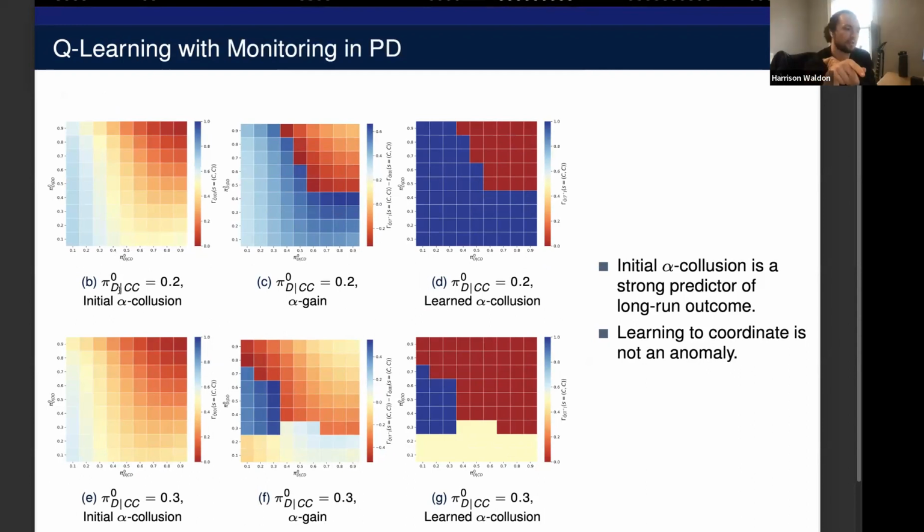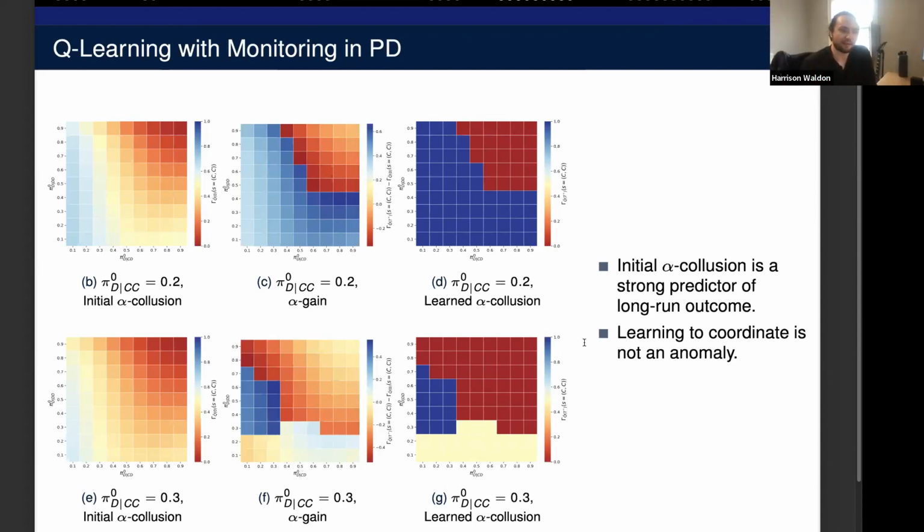And so the left-hand panel shows the initial collusion probability, so the initial stationary distribution of the mutually collusive outcome, the relative frequency that initial policies will play the collusive spread. And in the rightmost panels, we plot the collusion probability at convergence. And the middle panels just plot the difference between values at convergence and initial values.